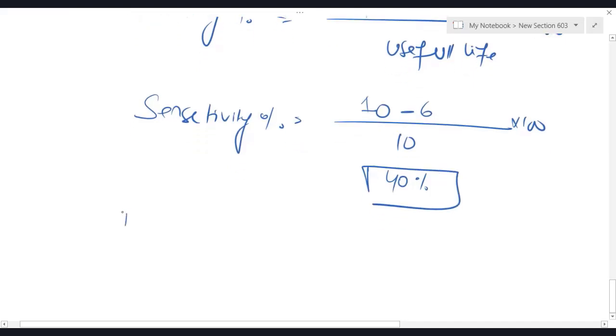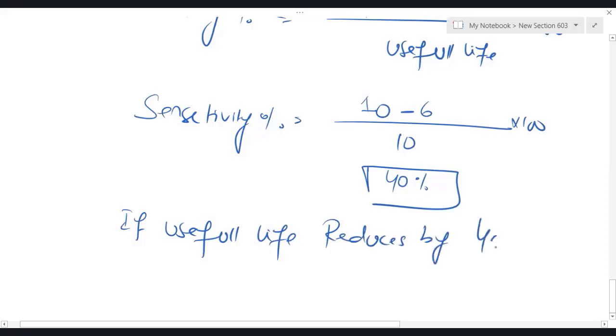It means if useful life reduces by 40%, then NPV will become zero.